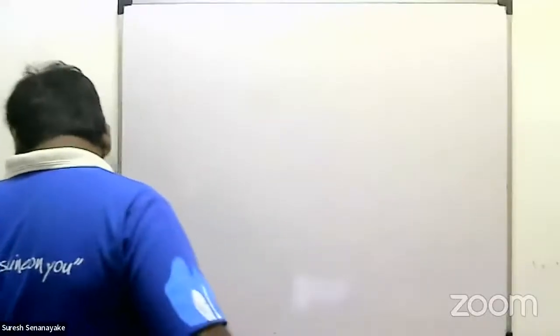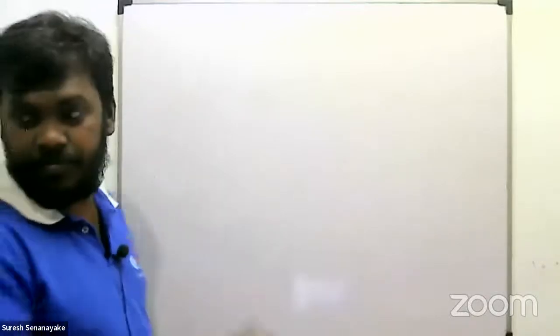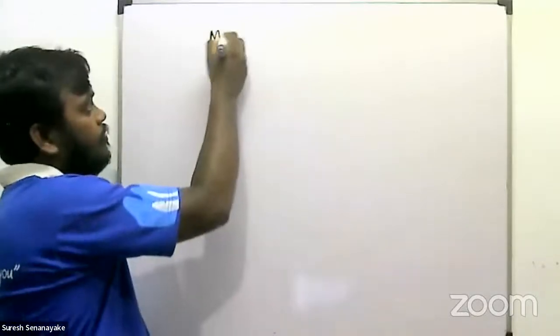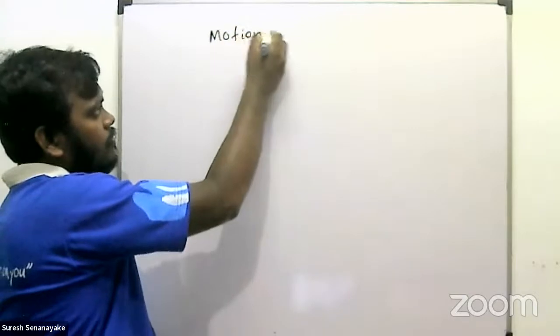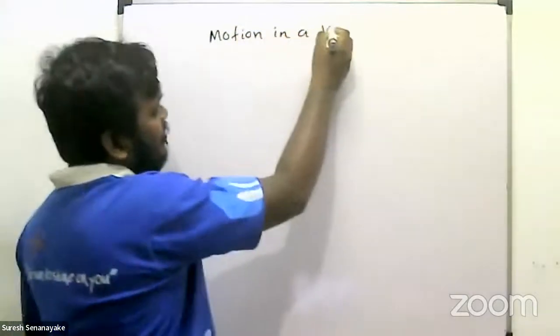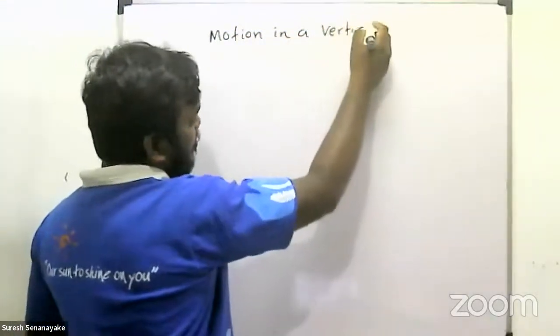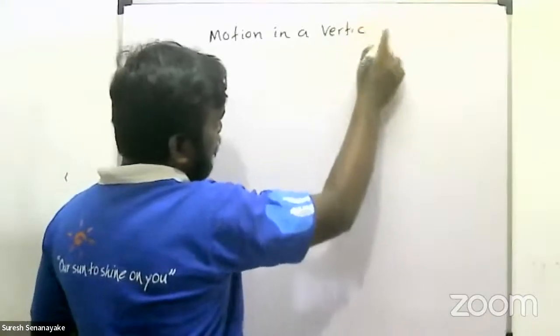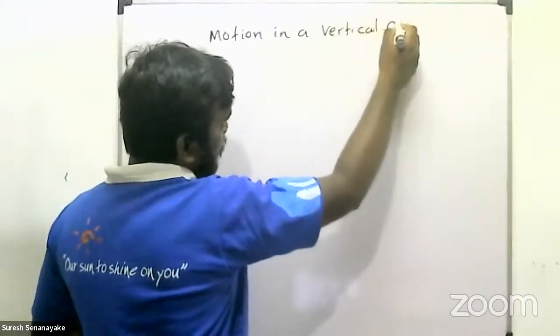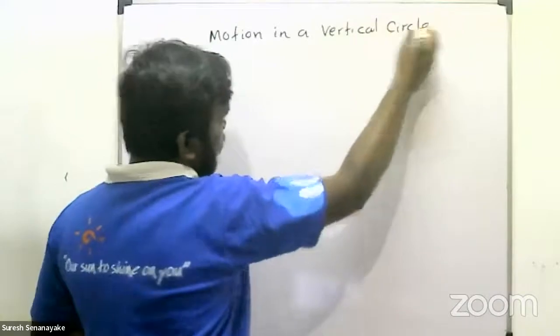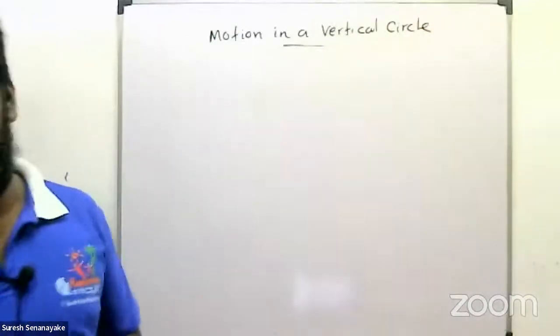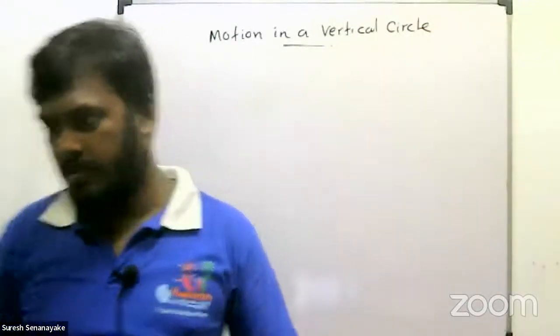Then, right, the topic: motion in a vertical circle. Motion in a vertical circle.